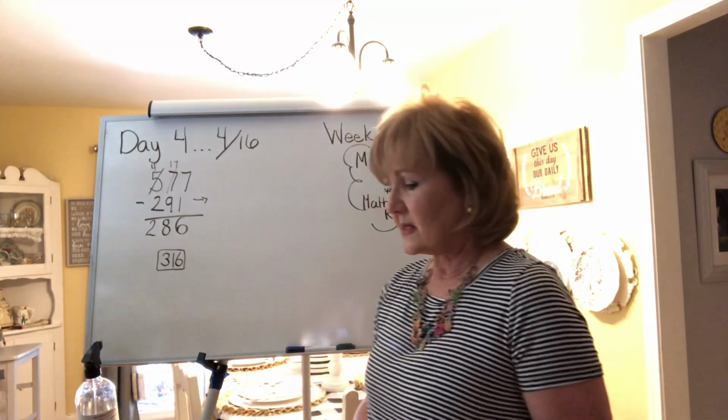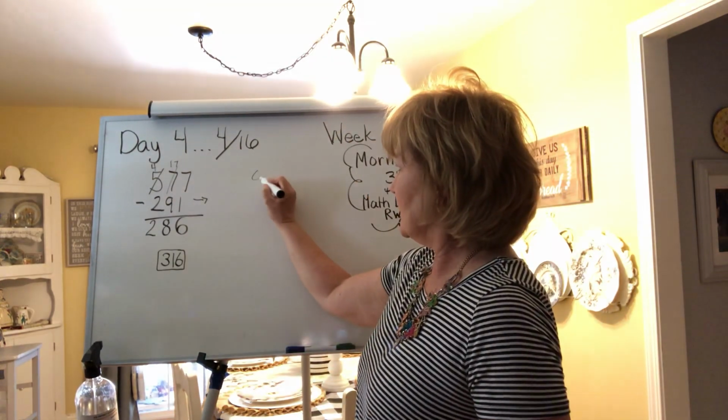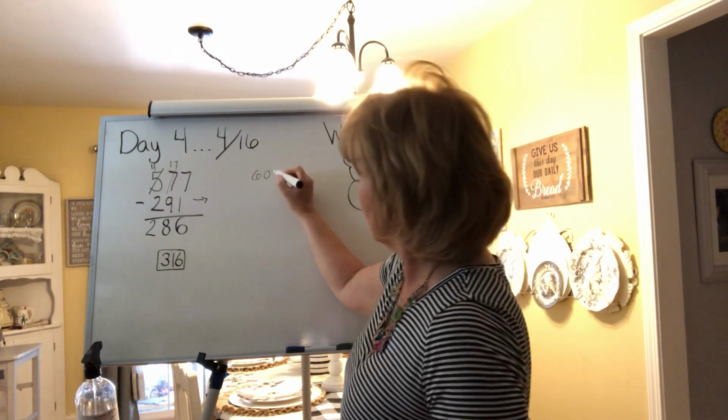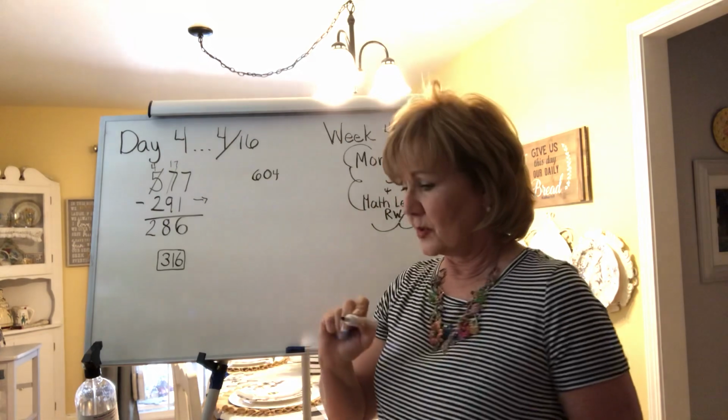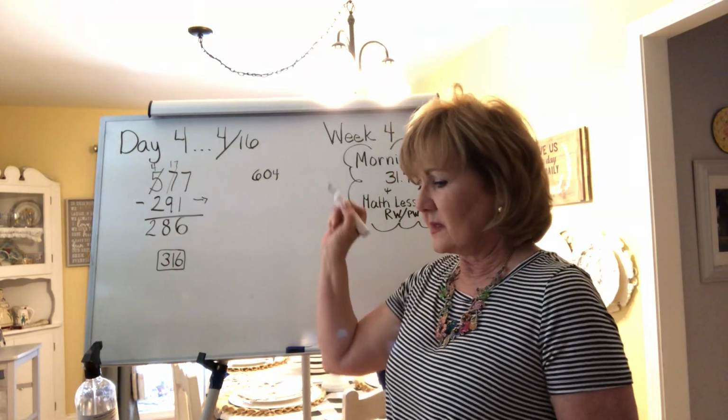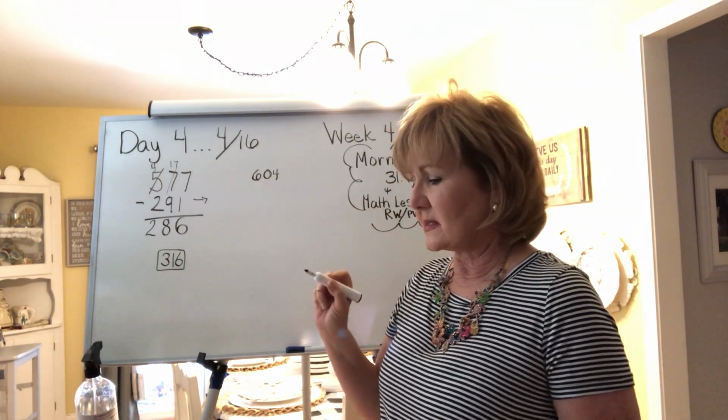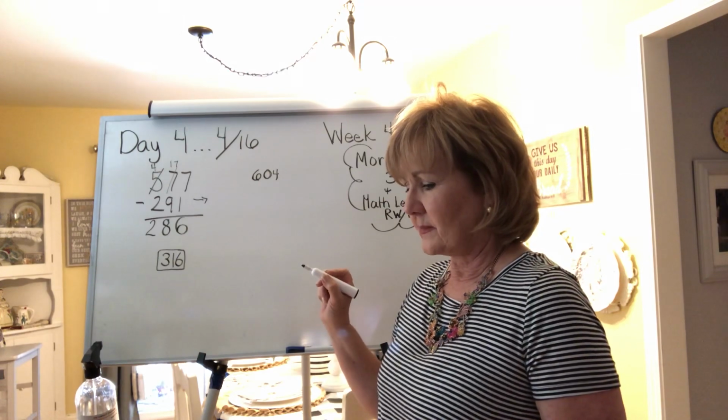Okay, word problem, get ready to circle. There are 604 cows grazing, so circle the 604 with your pencil. They're grazing in the field. 286 cows are eating grass.